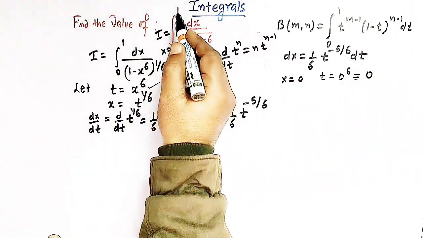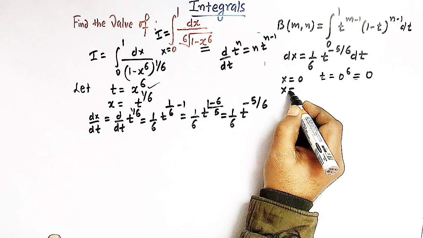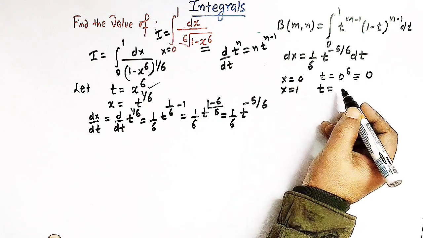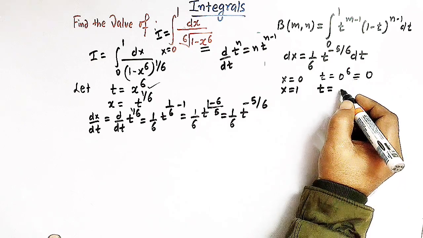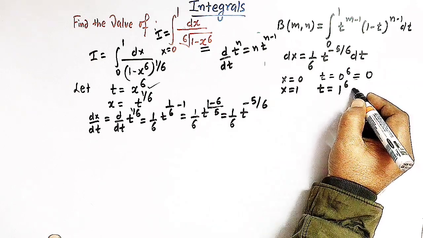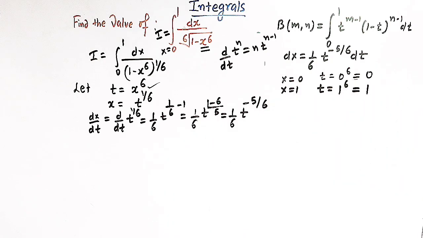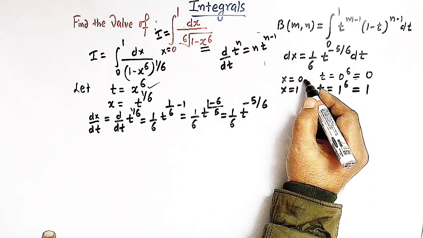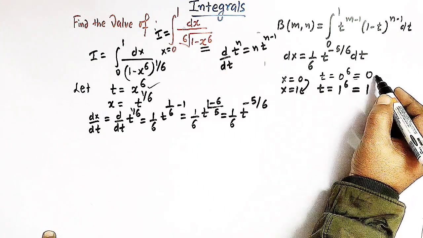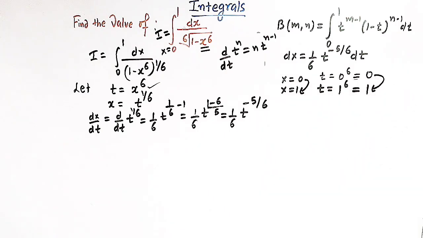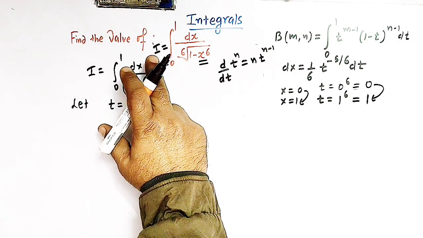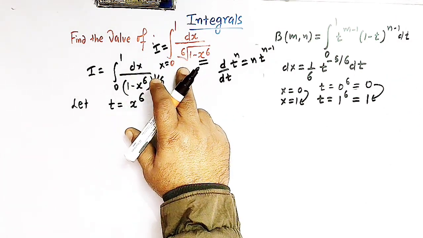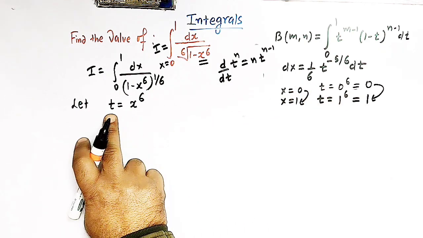And when x is equal to 1, then we have t is equal to 1 raised to 6, that is simply 1. So when x varies from 0 to 1, then t varies from 0 to 1. So now let us write the value of this integral I in terms of t.